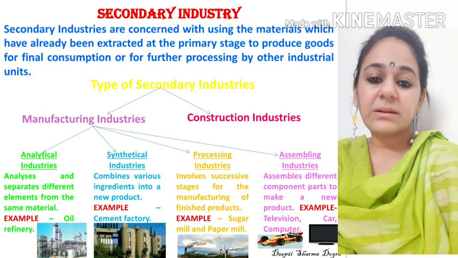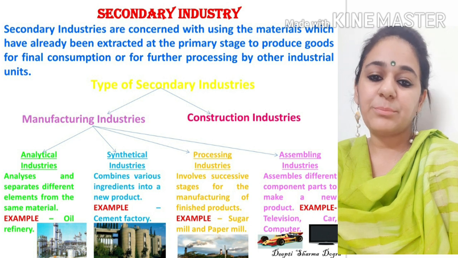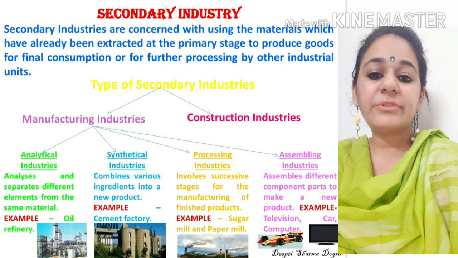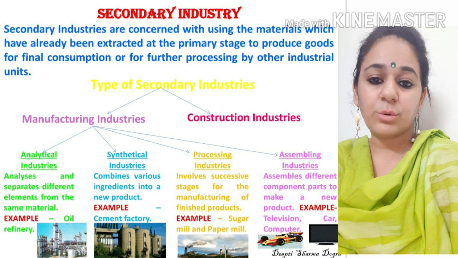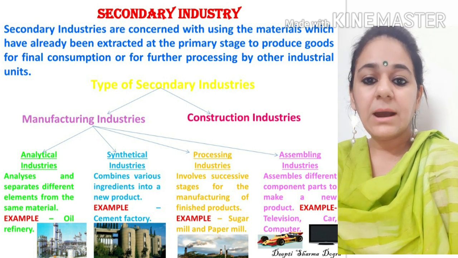Secondary industries are concerned with using the material which has already been extracted at the primary stage for further processing of these goods into certain useful products for final consumption.